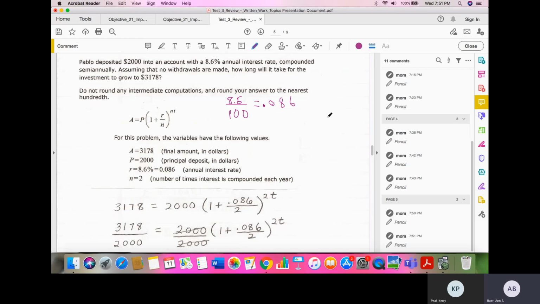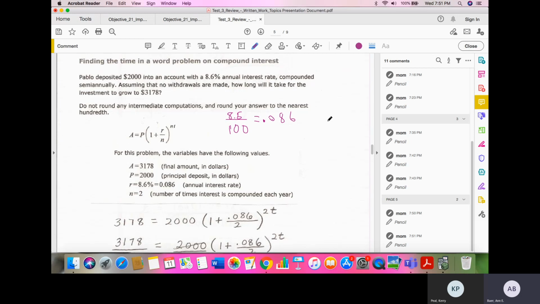Either way, when we use this in our problem, we're going to want to write it in as 0.086. So this 2,000 we determined was our P. So we could put P up here. This we determined is our R, it's our rate, and that's going to be equal to 0.086.